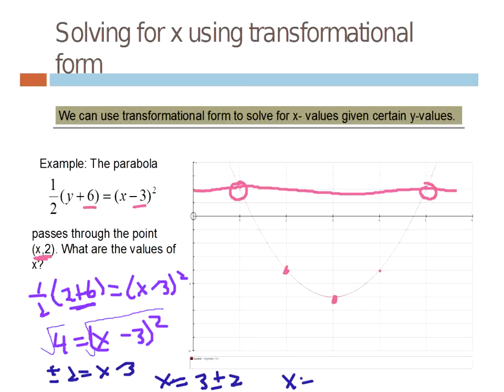That means that x equals 3 plus 2, which is 5, or x equals 3 minus 2, which is 1, and that's what we have here, 1 and 5. So for the first time ever, we're able to solve a quadratic for an x value given the y value. However, it was in transformational form. That's the only way that we can do it.